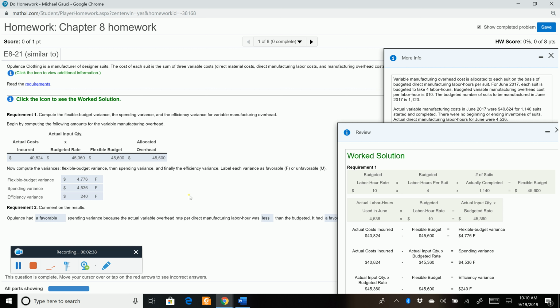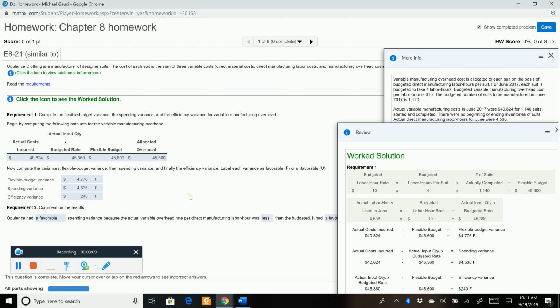So that is my actual number for overhead. That's how much I spent. How many suits did we make? 1,140 suits were started and completed. There were no beginning or ending inventories of suits, and actual direct manufacturing labor hours for June were 4,536.